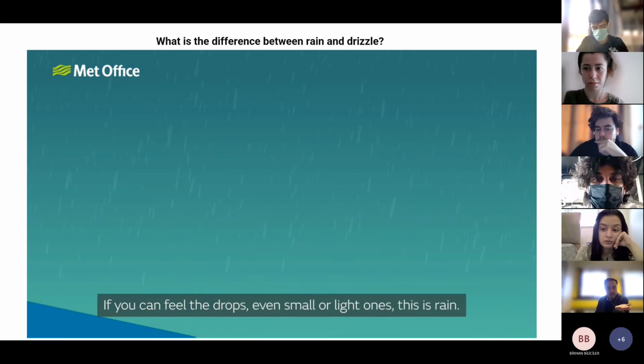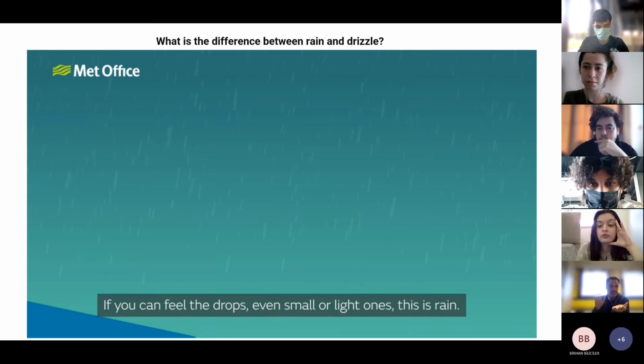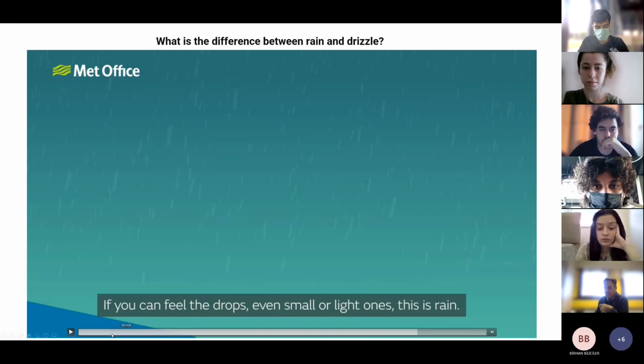Open your hand in the atmosphere. If you feel any rain splash on your hand, this is rain. If you don't feel it, it is drizzle.